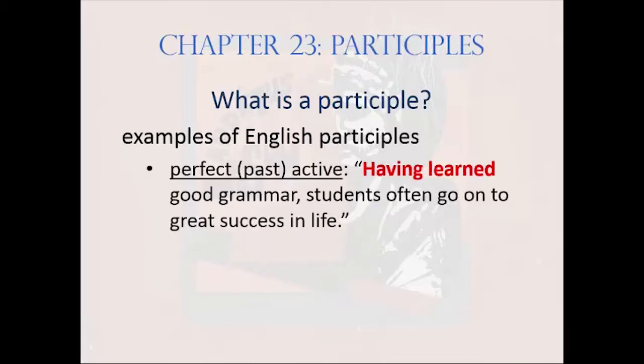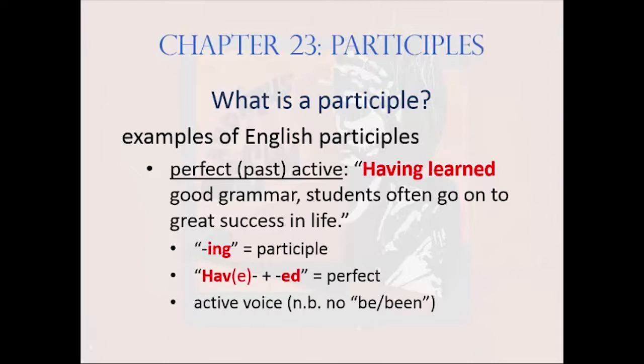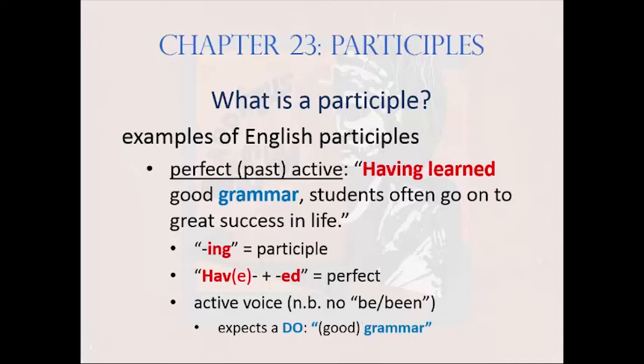In addition to voice, participles can change tense. An English perfect active participle, such as having learned good grammar, students often go on to great success in life. The ing in the verb form having learned shows it's a participle, and the have plus ed shows it's past tense. The lack of any form of the verb to be is a sign the participle is not passive but active, and thus it expects a direct object.